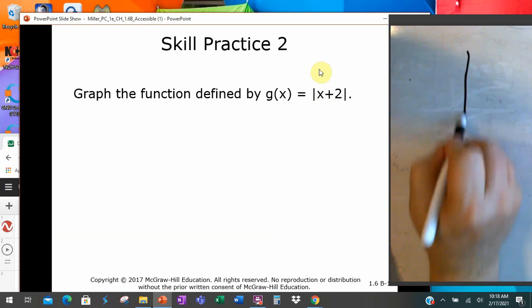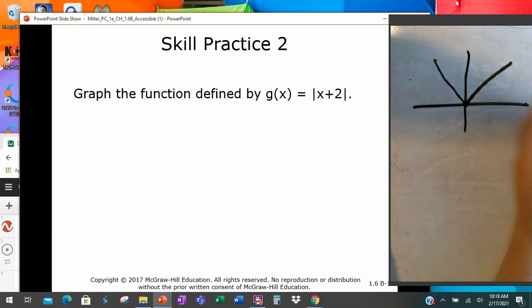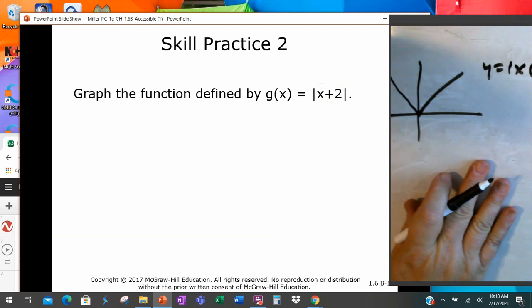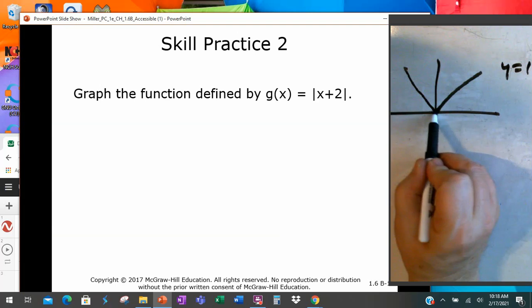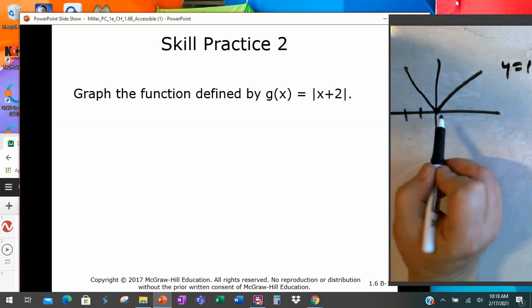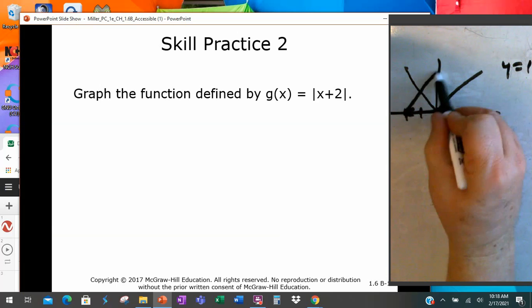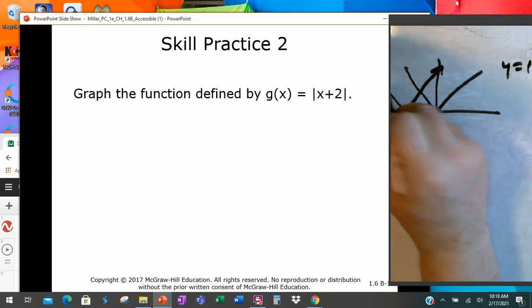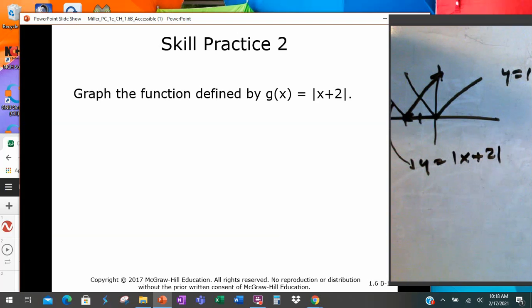I have to recognize the base function. That's my base function, the absolute value of x. And then the plus 2 shifts it over by 2. So 1, 2, my new point goes over to there, and then this would go up, and this would be y is equal to the absolute value of x plus 2.